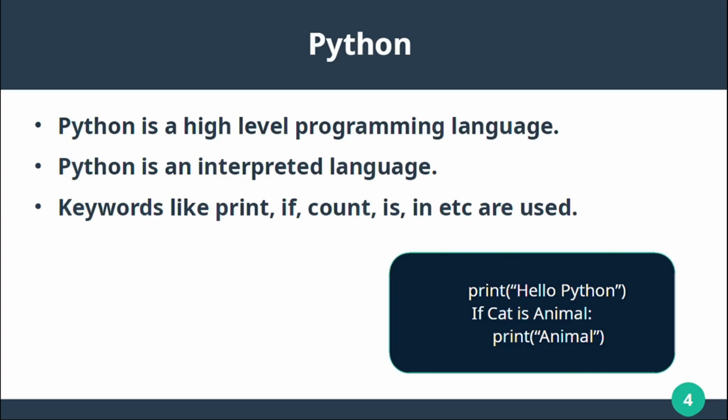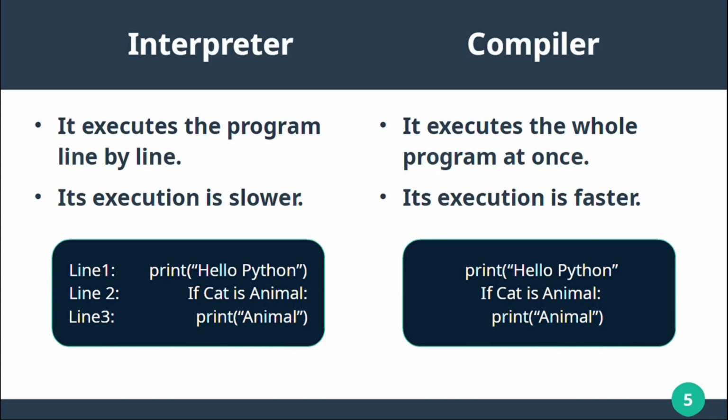Now let's see the difference between the interpreter and a compiler. We say that Python is an interpreted language means that it's translated into machine language using the interpreter. It means the interpreter executes the program line by line. We have a simple program here that is print hello Python, if cat is animal, and print animal. We have 3 lines of code here.